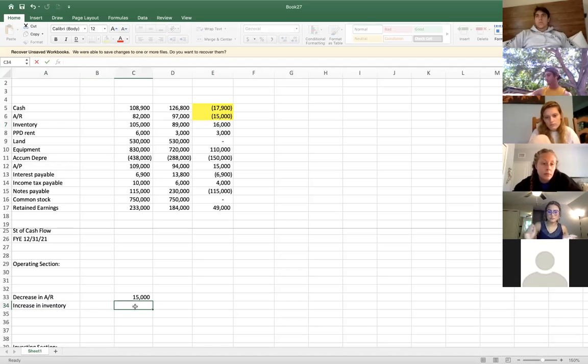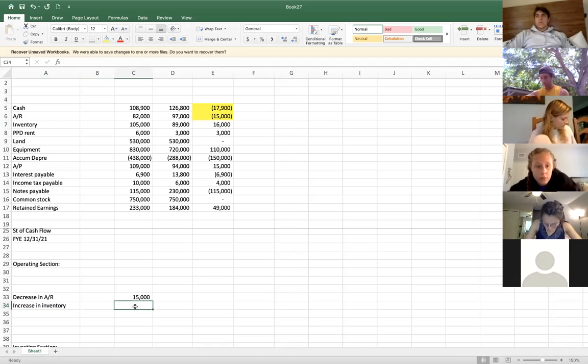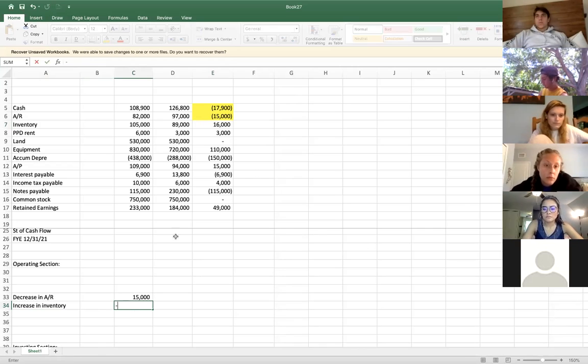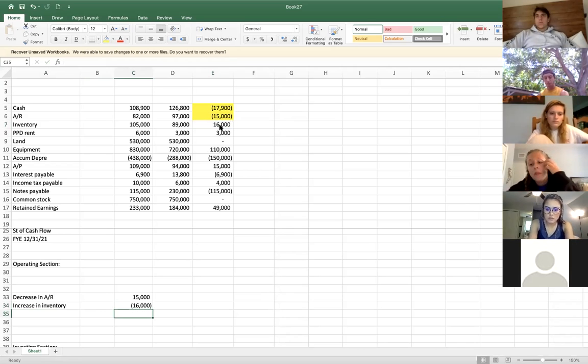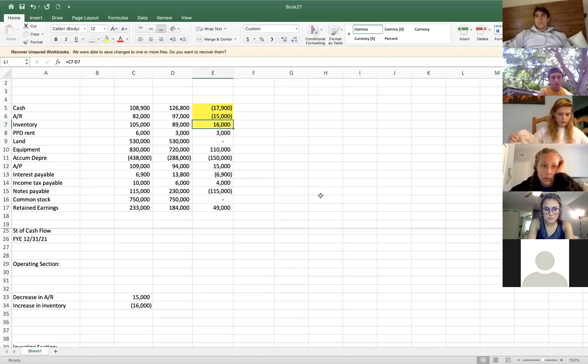Now, if I had an increase in inventory, do I have an outflow or an inflow of cash? Outflow. Because if inventory went up, it used more cash. So I've got an outflow of $16,000. Now I've accounted for the change in inventory.